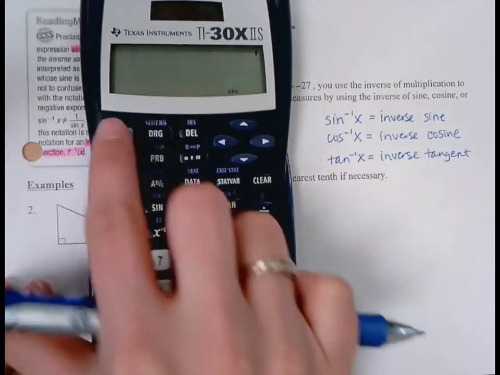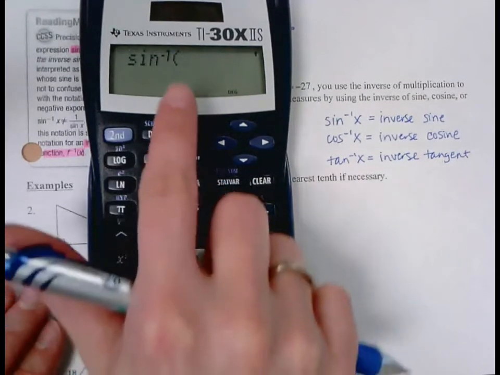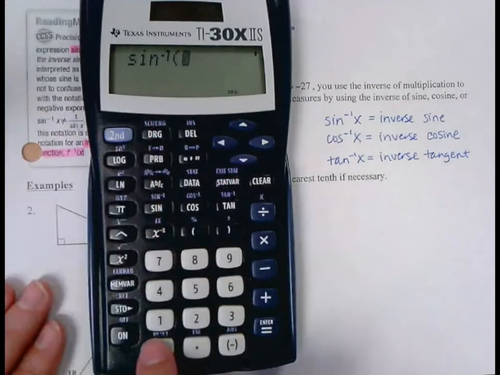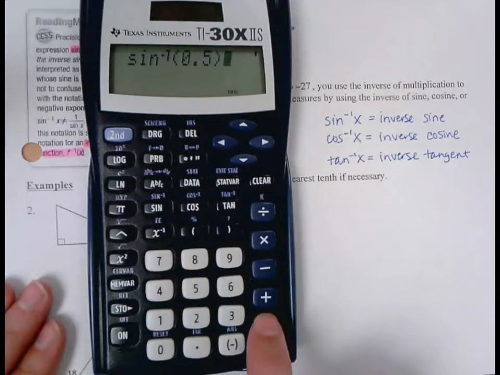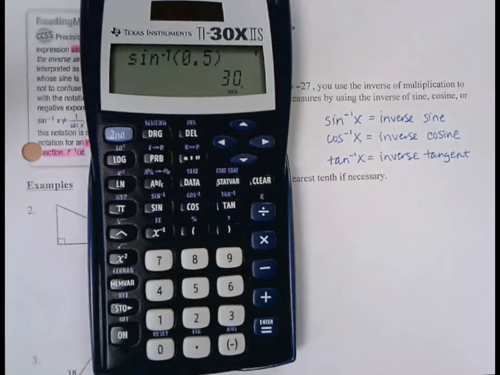So I would hit second sine to get inverse sine, and then type in 0.5 and hit enter, and it'll give me the angle measure. So the angle would be 30 degrees. Like I said, that angle would be 30 degrees if you want to write that in that blank.